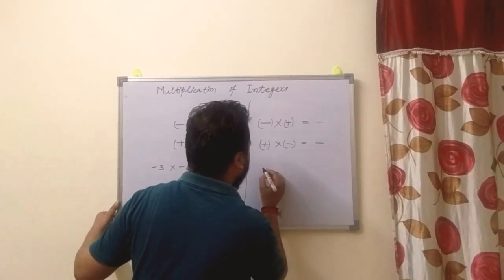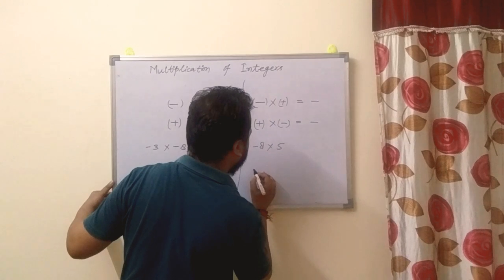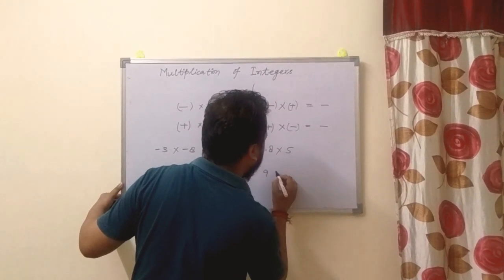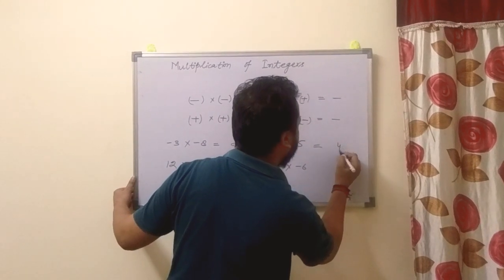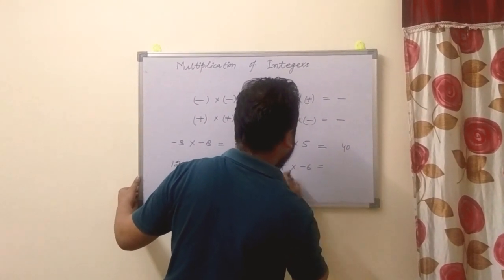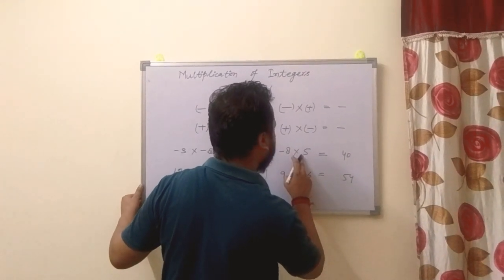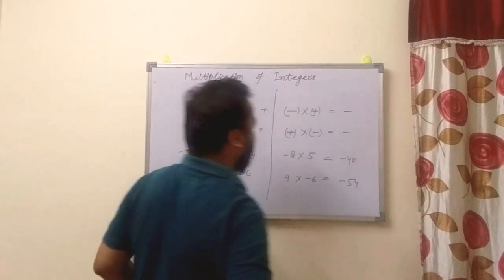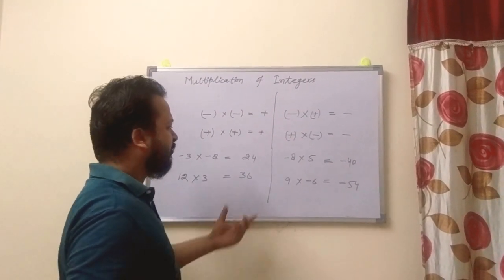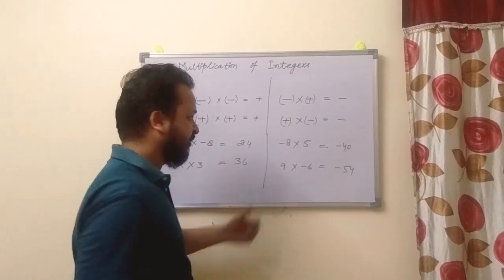In this case, if you multiply minus 8 to 5 or 9 to minus 6, 8 5s are 40, 9 6s are 54. But here minus into plus, that is minus, plus into minus, that is minus, right? So this is the multiplication of integers.